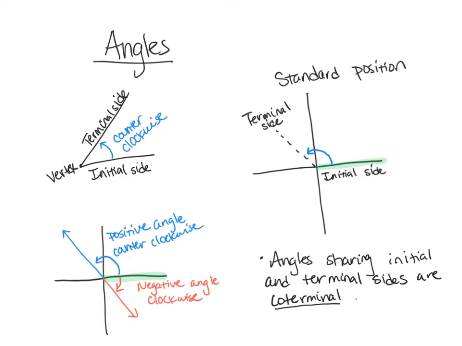And we're going to talk about coterminal angles in just a moment. But before we do that, I want to talk about how we might measure our coterminal angles, or angles just in general. And that's going to be in radians and degrees. Right now I'm going to focus on radians since that's the one we seem to have the most trouble with.